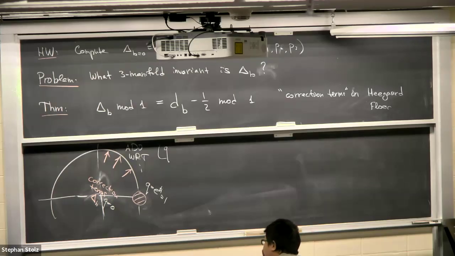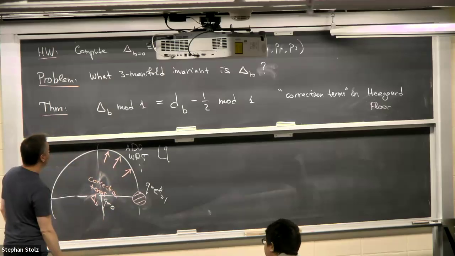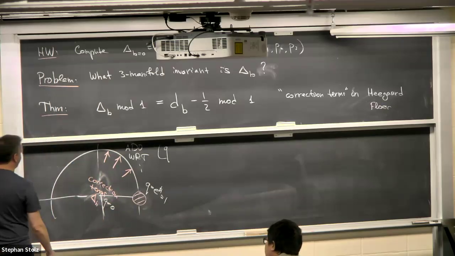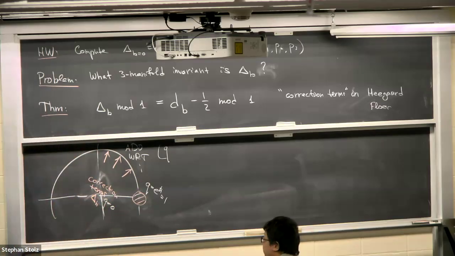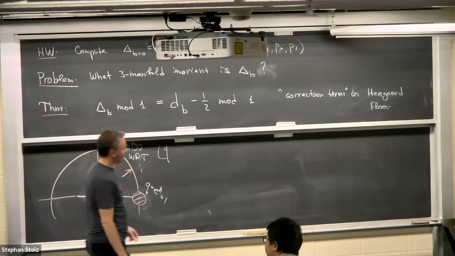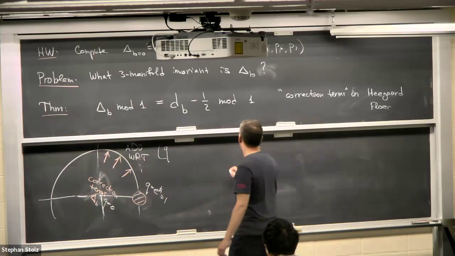So this is the geography. But another question we can ask, somewhat related to this, is how fast these coefficients grow. What is their rate of growth? And here I'm going to give you another homework.